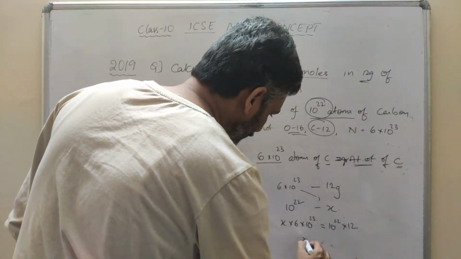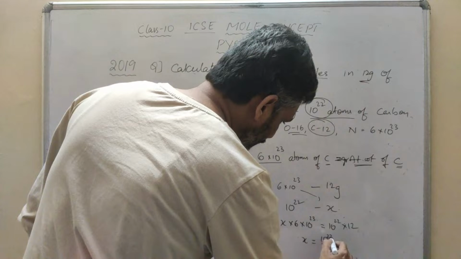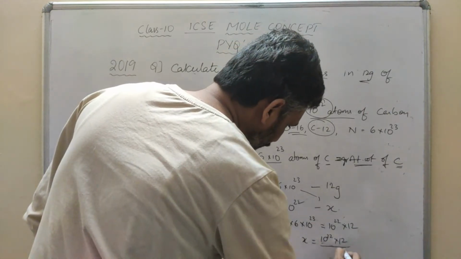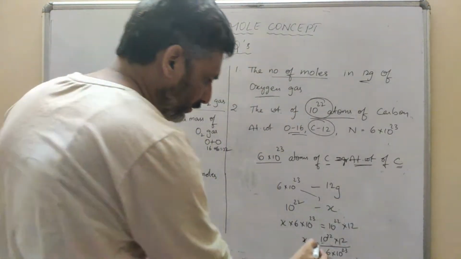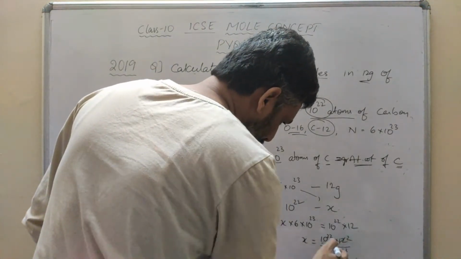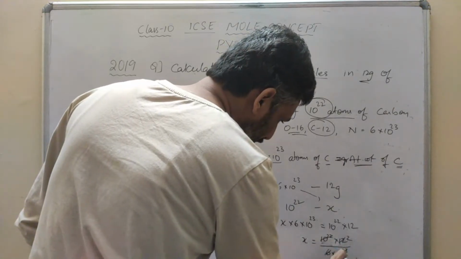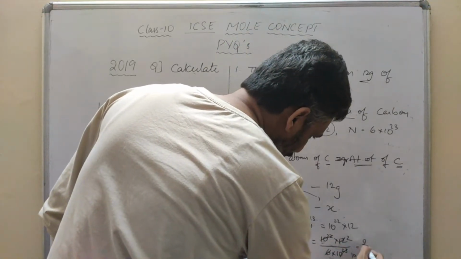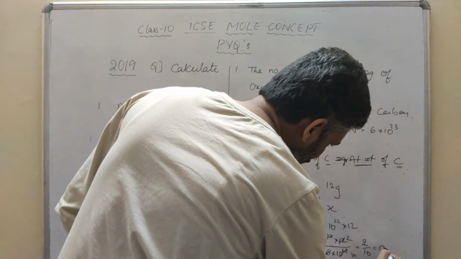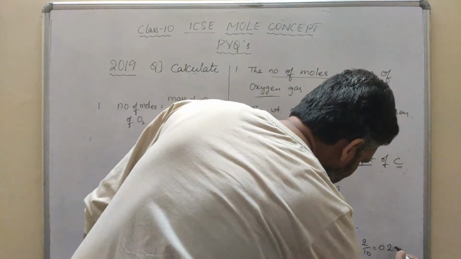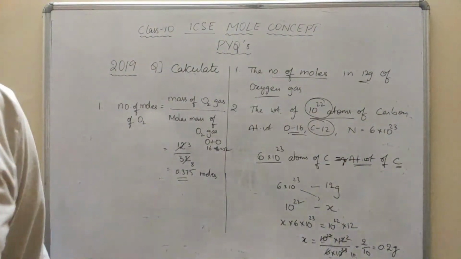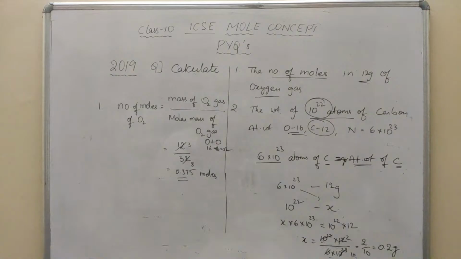So x is equal to 10 power 22 into 12 divided by 6 into 10 power 23. 6 goes into 12 two times, and 10 power 22 over 10 power 23 gives 1 by 10. So this is 2 by 10, which equals 0.2. You are finding the mass, so this will be 0.2 grams of carbon. If you take 10 power 22 atoms of carbon, its weight will be just 0.2 grams.